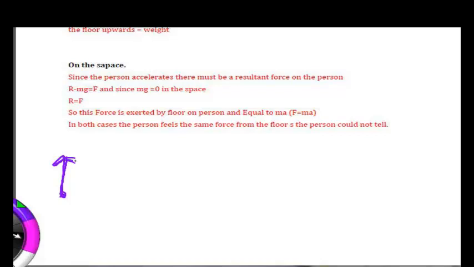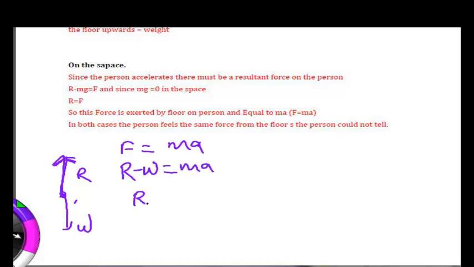Now for the normal contact force, F equal to ma. So what is F here? F is R minus W equal to ma. So R equal to W plus ma. Okay, R equal to mg plus ma. This is the situation when you are accelerating upward in a lift.